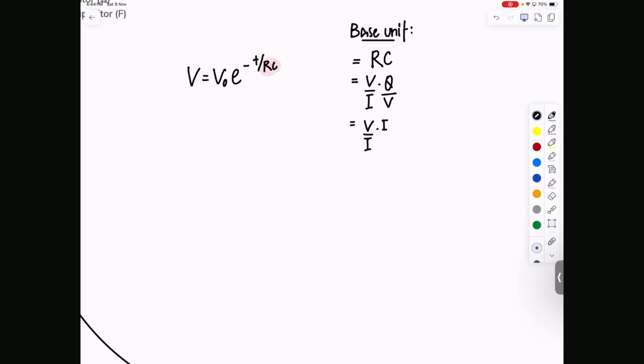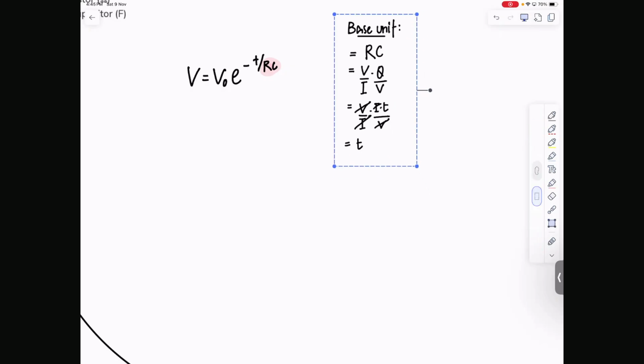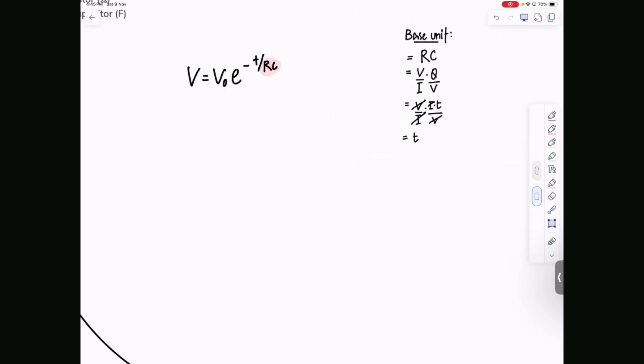I'm using a very basic idea here, divided by V. If we simplify, V cancels out, I cancels out, what remains? T. So it turns out the product of resistance and capacitance actually gives you some time. Coincidence maybe, right? But it gives you a time.